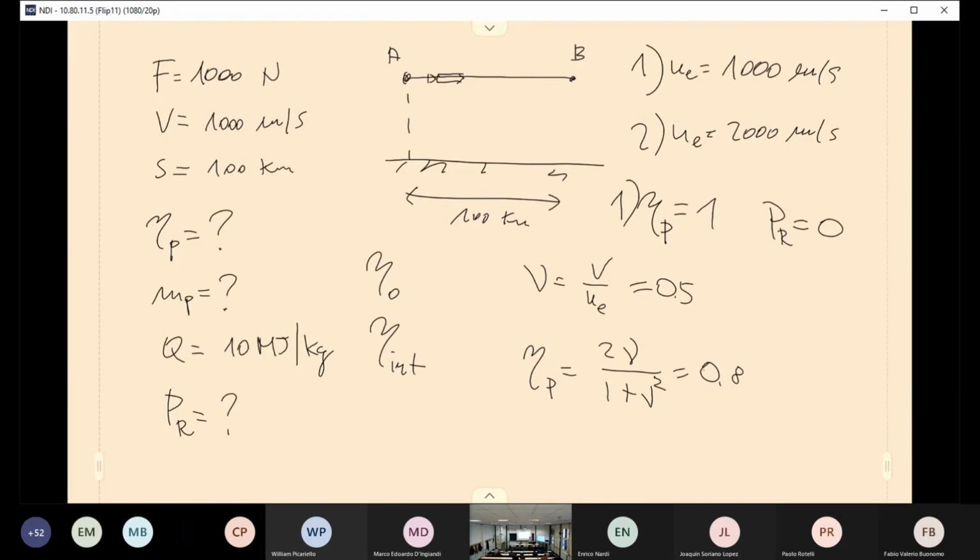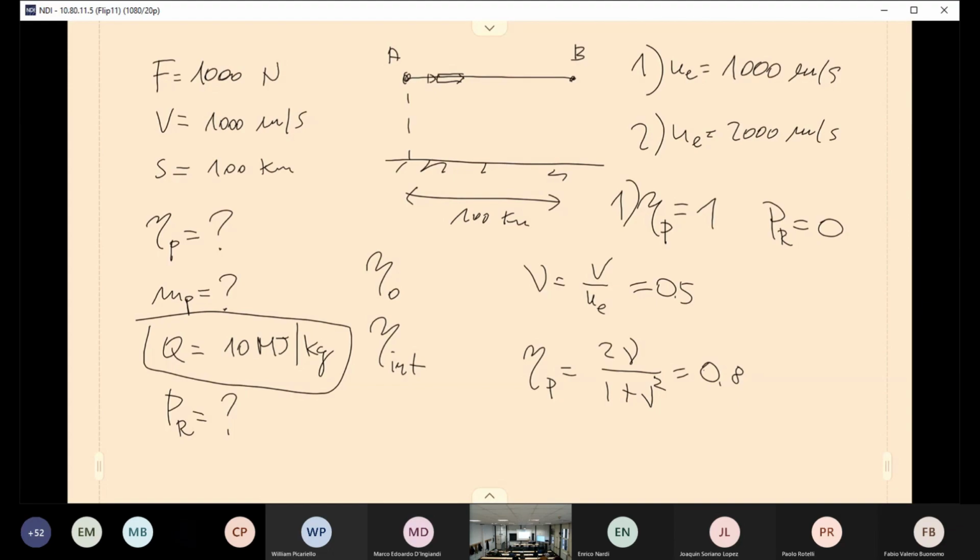So if we have a given propellant characterized by this power, this available energy, we can evaluate the overall efficiency, and we see that actually the second case is better.